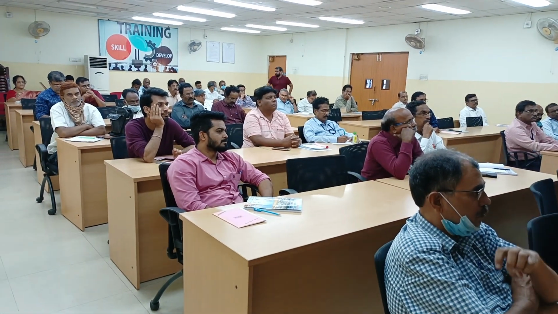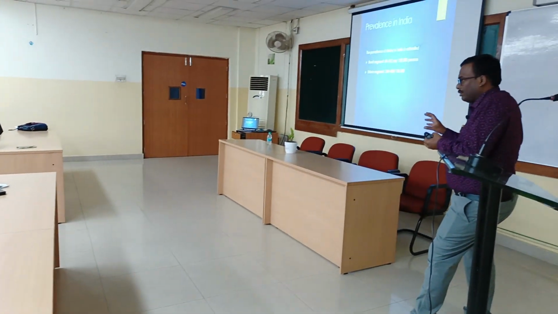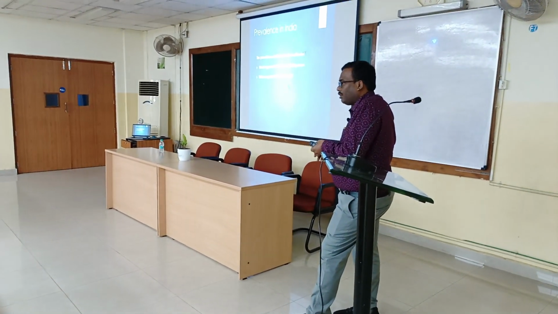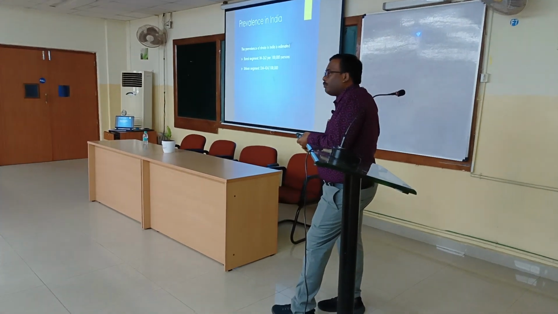Before going to the types of stroke, with this prevalence, we need to know why. In the next few slides, I will show you why and how it is caused. It is very important to prevent stroke. In a heart attack, the patient will have medical management or stents and the patient improves. But in a brain stroke, patients get paralyzed.